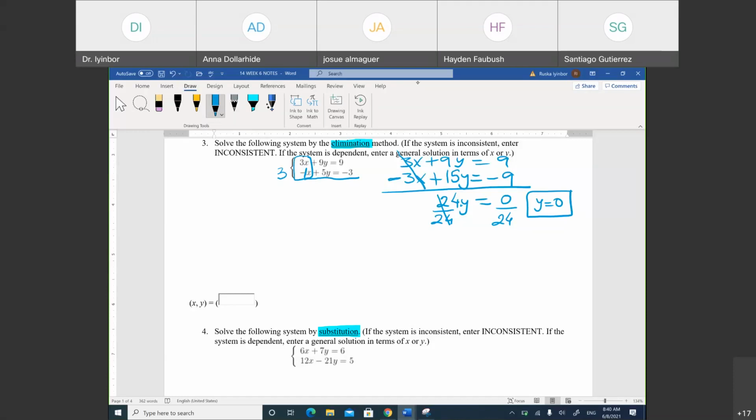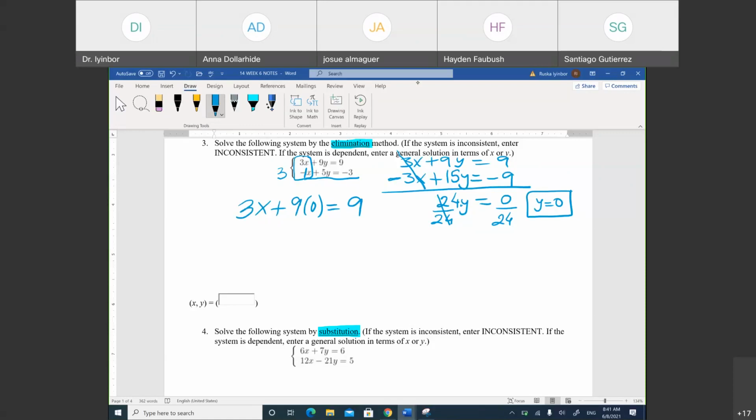How you find x? You replace y is 0. And you can pick any equation. I'm going to use the first one. So I'm going to plug in the first equation, y is 0. So I have 3x plus 9 times 0 equals 9. See, when I plug in 0 for y, this is what I have.